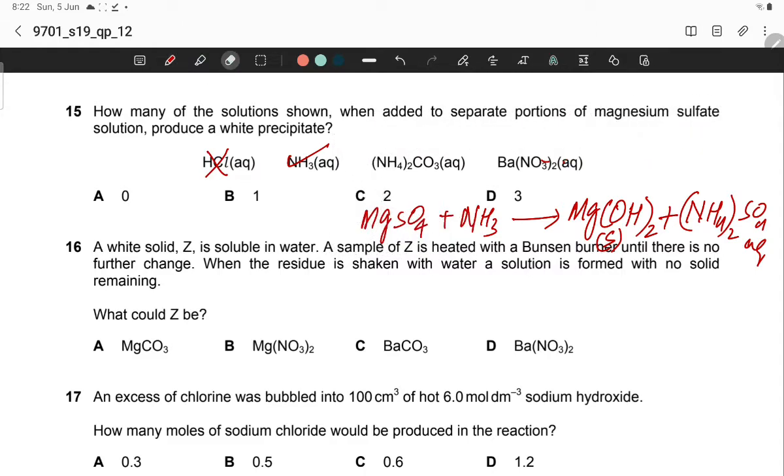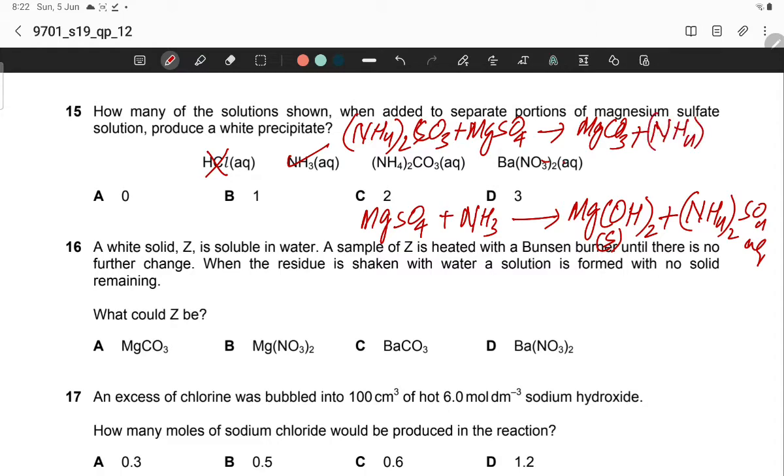Let's check other. Ammonium carbonate plus MgSO4 forms MgCO3 plus ammonium sulfate. This is aqueous, this is solid. So ammonium carbonate also forms white precipitate.